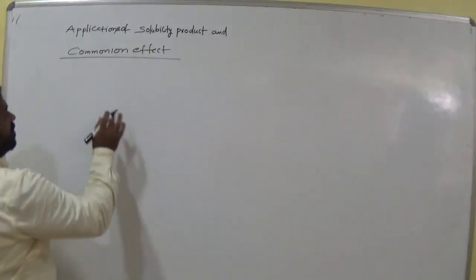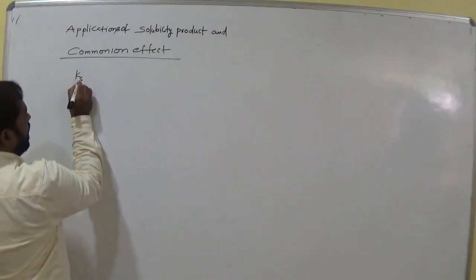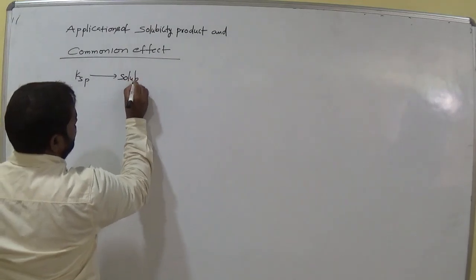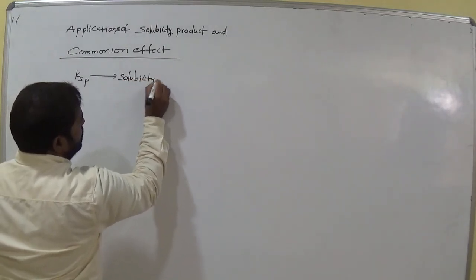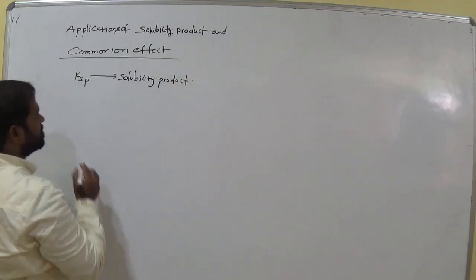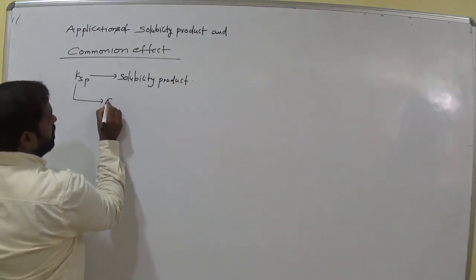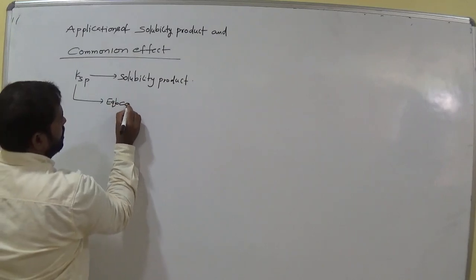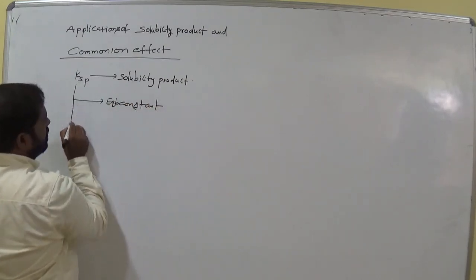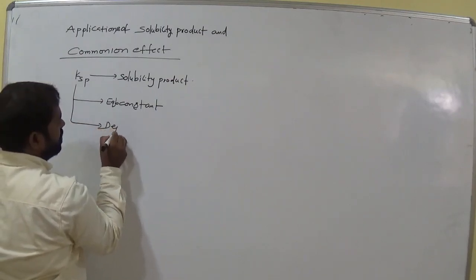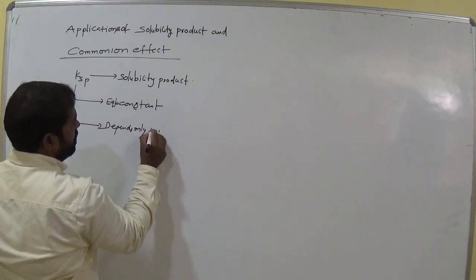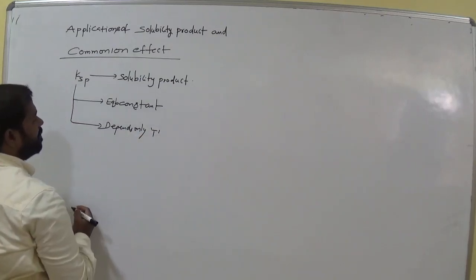Okay, let's see. Solubility product, Ksp, is nothing but an equilibrium constant. It depends only on temperature.